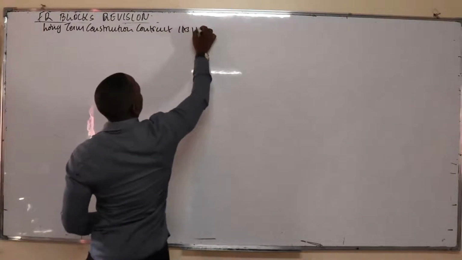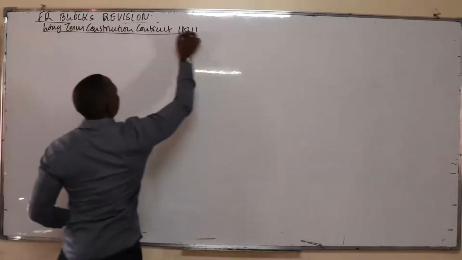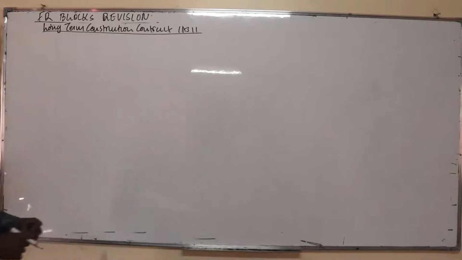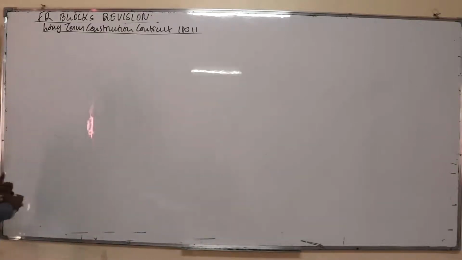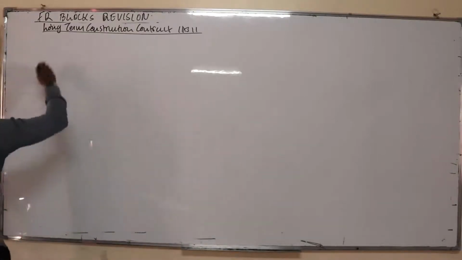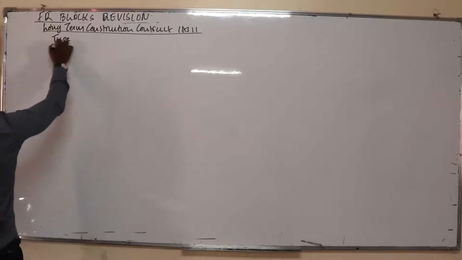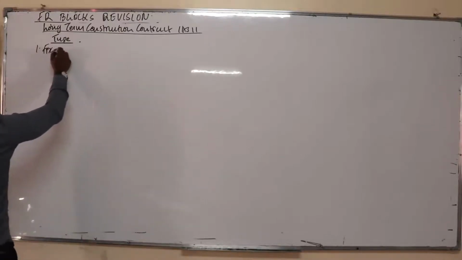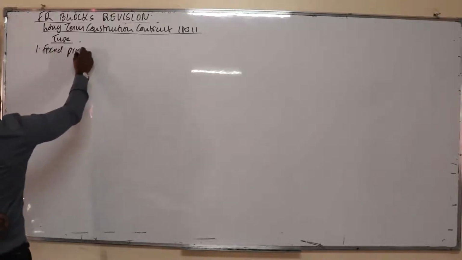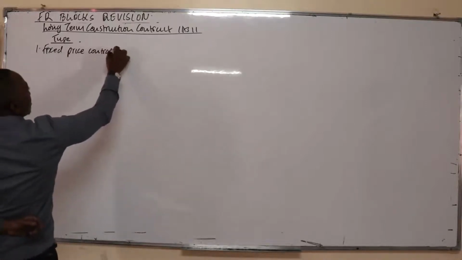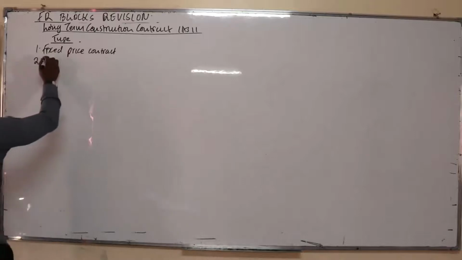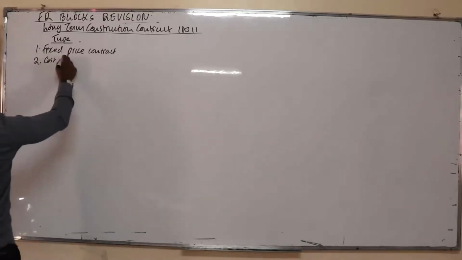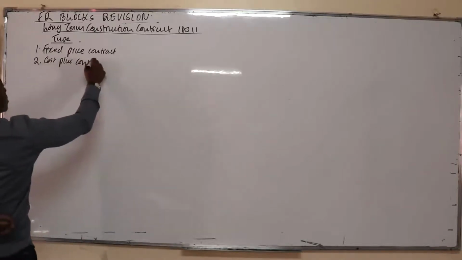Under IAS 11, we said there are contracts which take more than one accounting period before their completion. And we have various types of construction contracts. One, we have what we call the fixed price contract. Just a reminder. And then we said we have a cost plus contract.